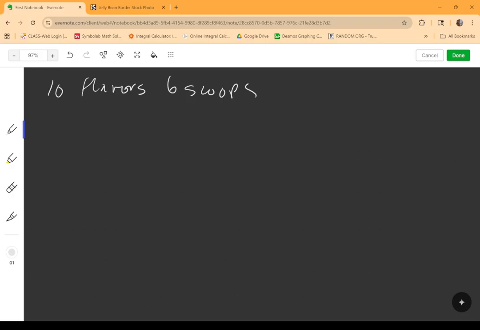We each got just six scoops of the same size here. The flavors are what alternates, right? And we can think of placing these scoops into the flavor bins. So we have six scoops here, 1, 2, 3, 4, 5, 6, and we have 10 different flavors.